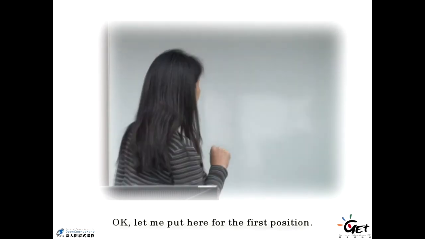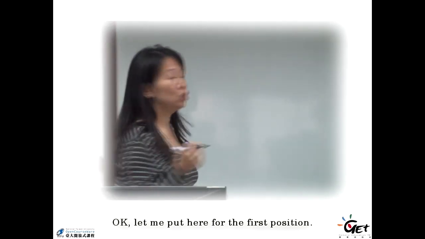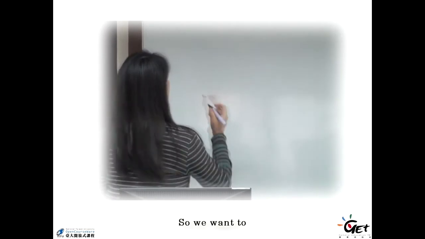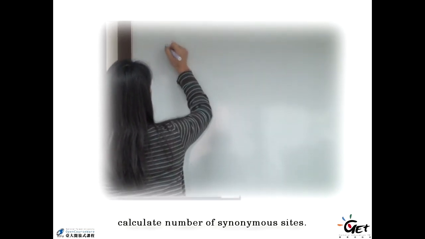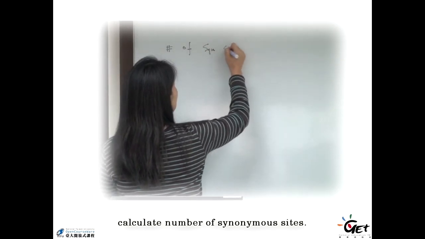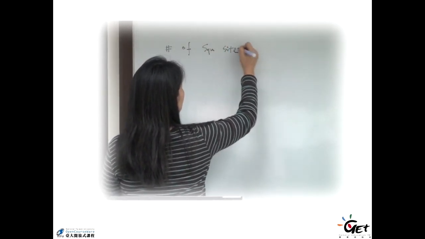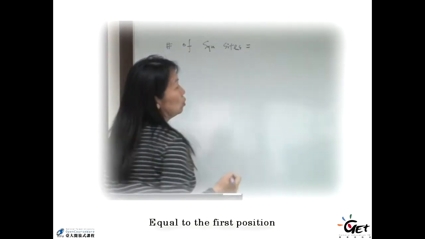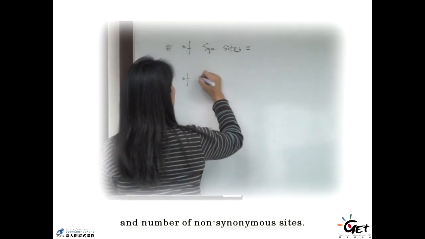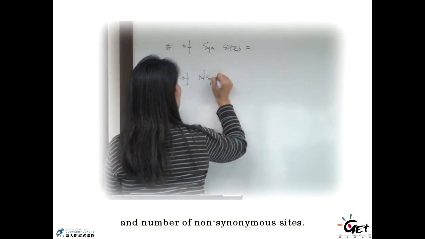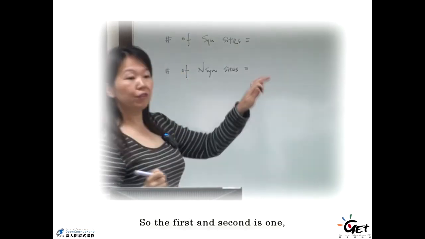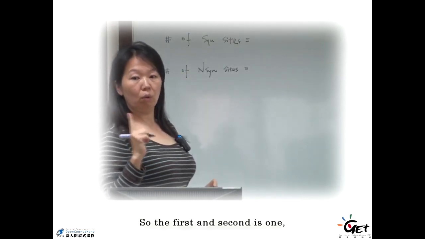Okay, let me put it here. We want to do that from codon to codon, right? So we want to calculate the number of synonymous sites, equal to the first position, and the number of non-synonymous sites. The first and second positions are 1.